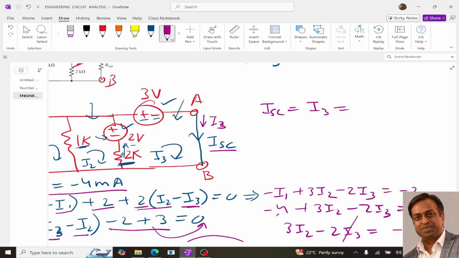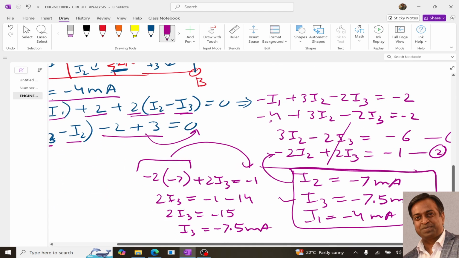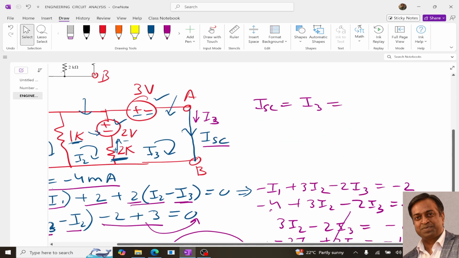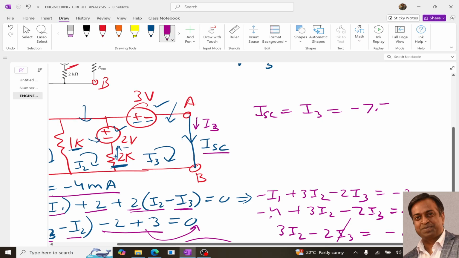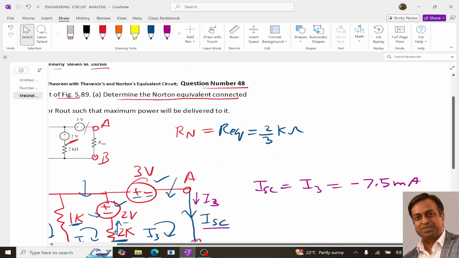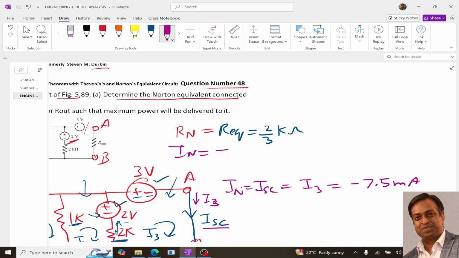And what is our I3? We evaluated I3 as minus 7.5 milliamperes, right? So it means that we have found IN, our IN is minus 7.5 milliamperes.